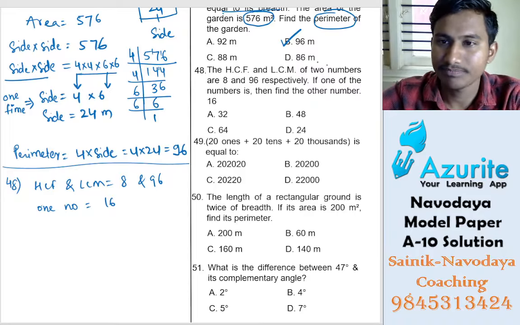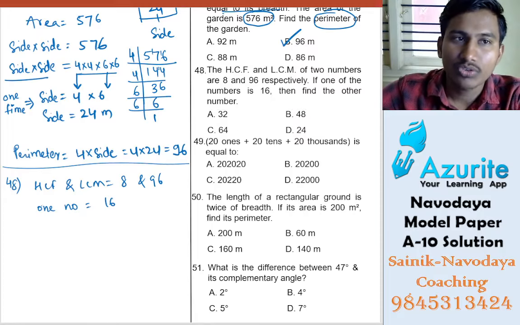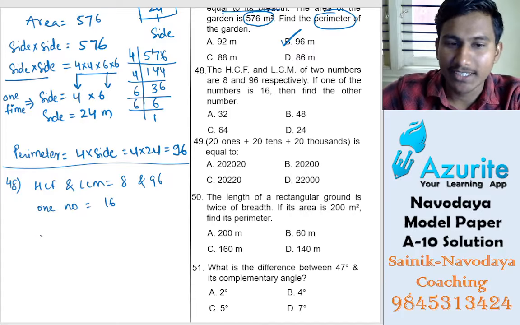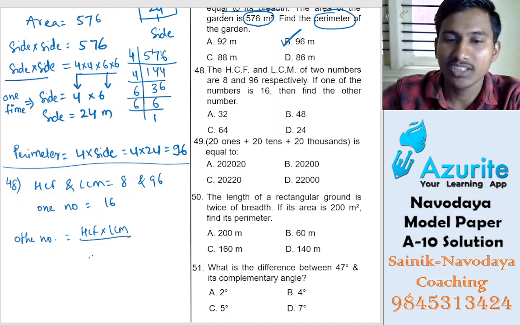So if you want to find the other number, we just have to divide. So the other number is HCF into LCM divided by the first number. So first number is how much? 16. So here HCF into LCM, so 8 into 96 divided by 16.